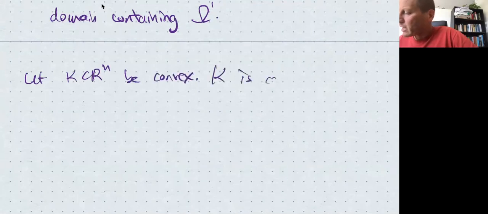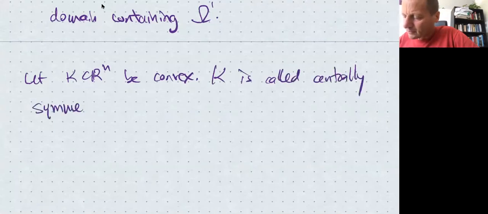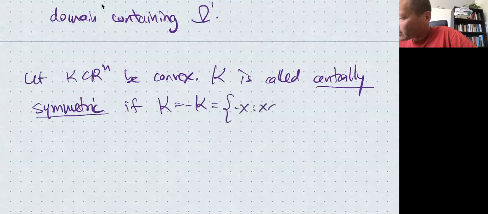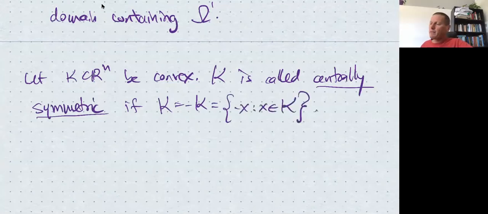K is called centrally symmetric, I mentioned this last time, if K equals minus K. So whenever an element is contained in K, then so is minus that same element, where minus K by definition is just the minuses of elements of K. So in other words, the set is symmetric around the origin with respect to this inversion. And Minkowski's first theorem says the following.